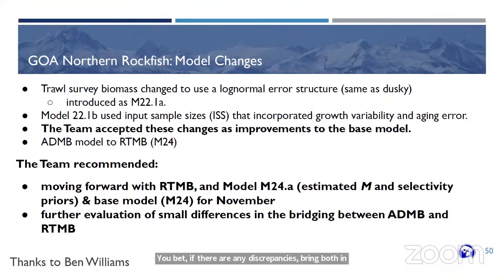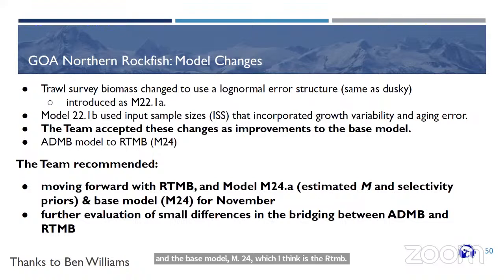I don't, however, know, when I look at the slides, what to say and what to put in our minutes. The team recommended moving forward with RTMB and model 24.A, which is RTMB with estimated M and selectivity priors, and the base model, M24, which I think is the RTMB model.